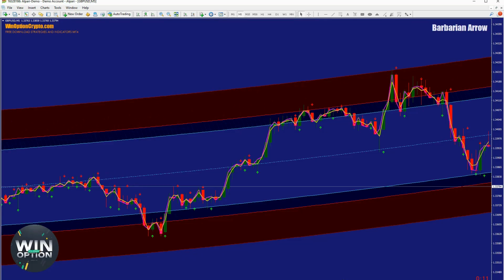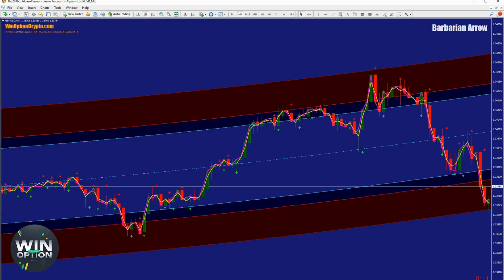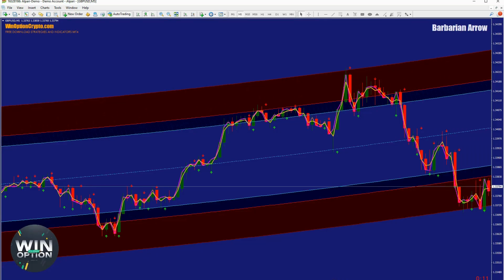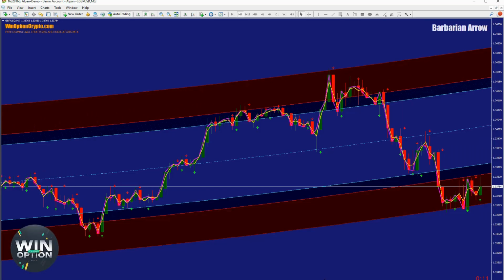All you need to do is select an asset with a clearly defined trend and open trades based on the signals of the Barbarian Arrow indicator after prices go beyond the boundaries of the overbought and oversold zones. Conservative traders can wait for the moving averages to cross, while more aggressive ones open positions without waiting for the candlestick on which the trading signal arose to close.